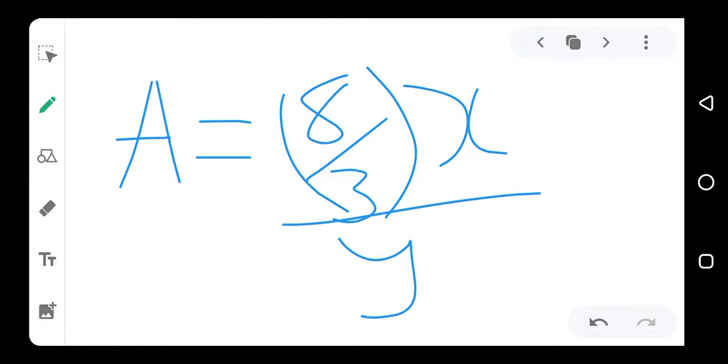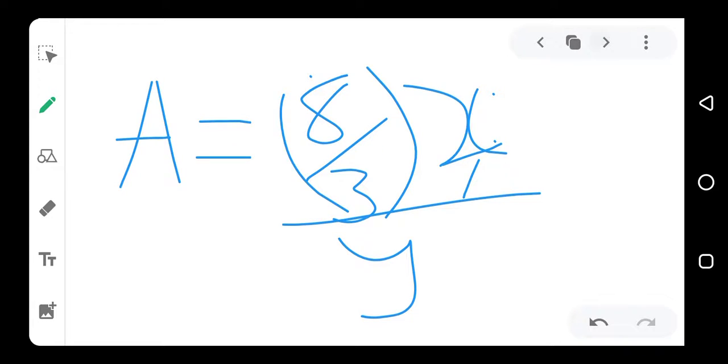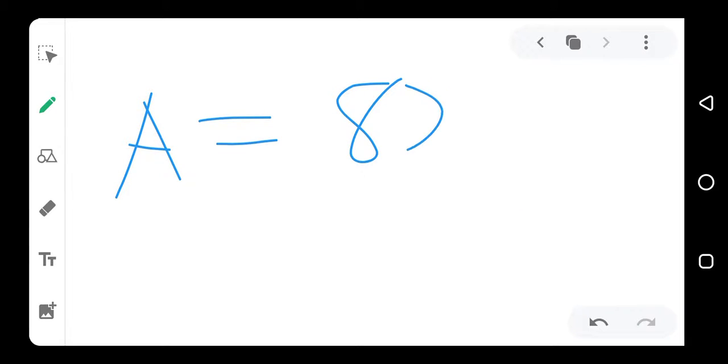That is up times up. This X here is also equal to X over 1. Anything standing on its own is that number over 1. So we have X times 8 and 1 times 3. So we now have A is equal to 8 times X, which is 8X, over 3 times 1, which is 3.